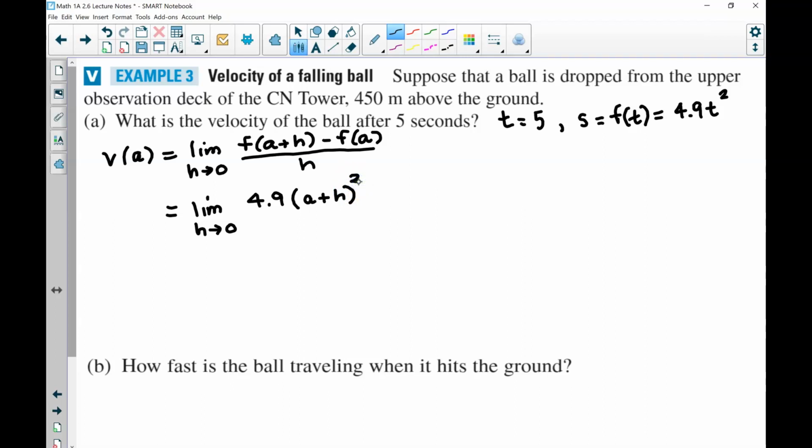So that's going to be 4.9 times a plus h squared minus 4.9 times a squared, over the value of h.